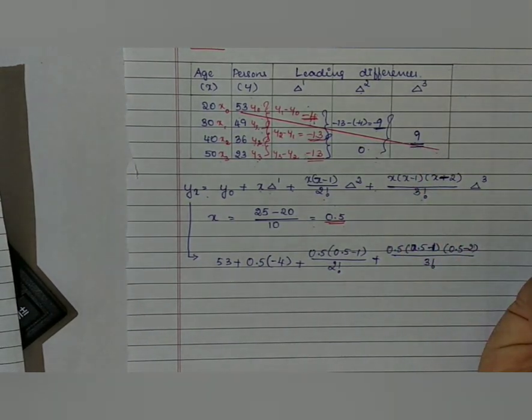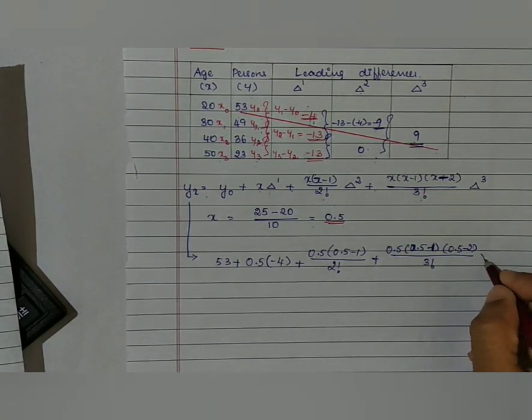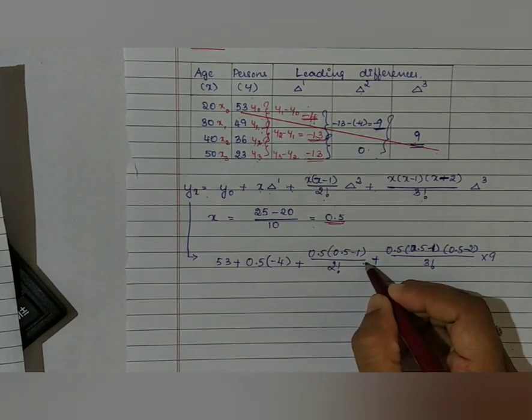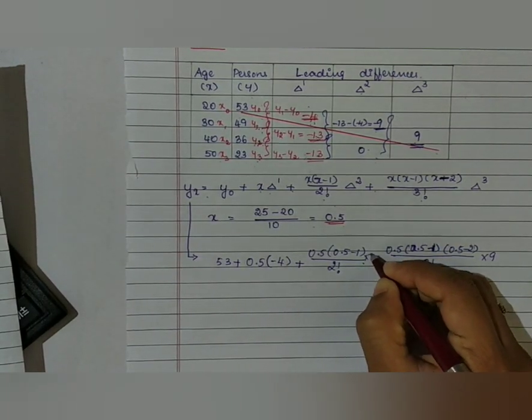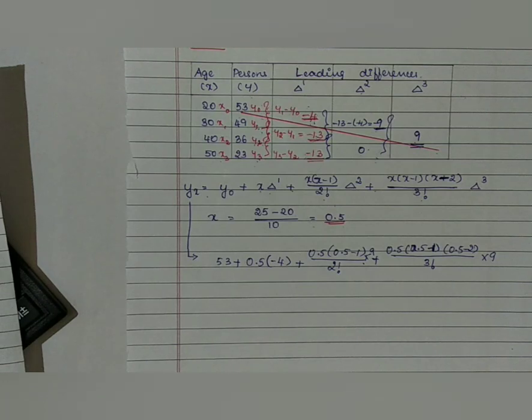Delta 3 value is 9, and here we missed the value. Here again it is minus 9 for delta 2, isn't it?